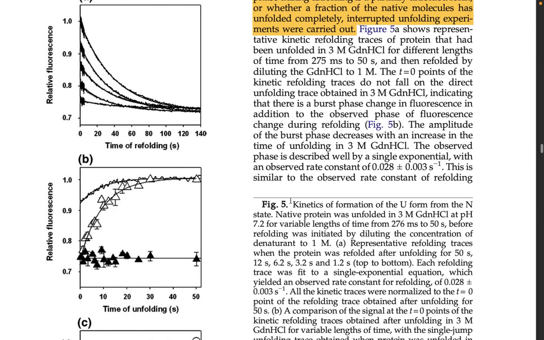It is the kinetics of formation of U from the N state. Native protein was unfolded in 3 molar guanidinium hydrochloride at pH 7.2 for variable lengths of time from 275 milliseconds to 50 seconds before refolding was initiated by diluting the concentration of denaturant to 1 molar.